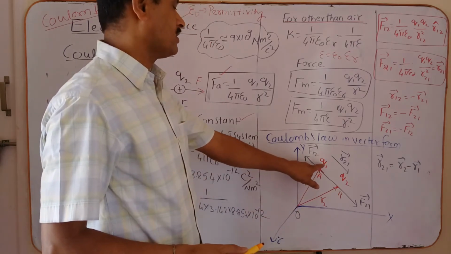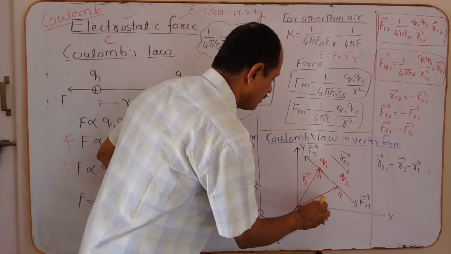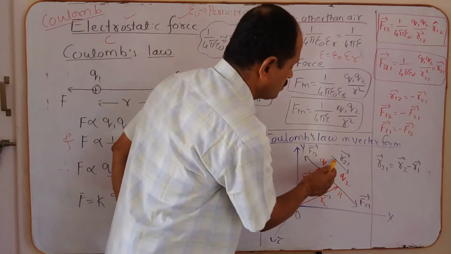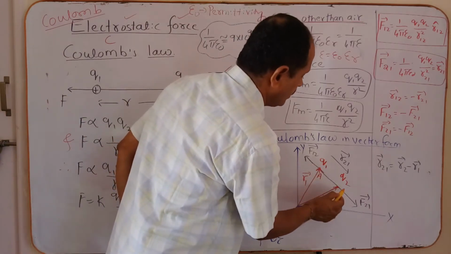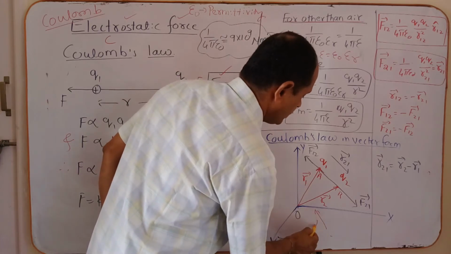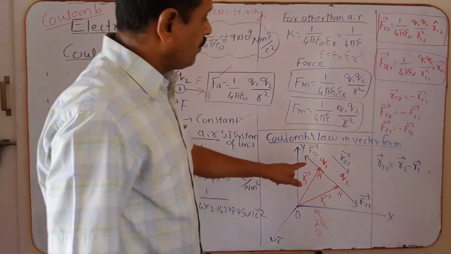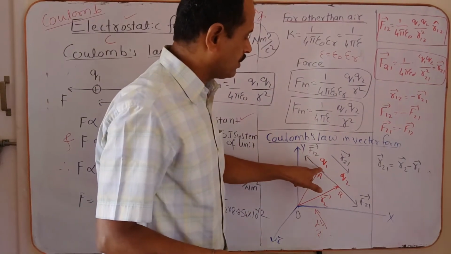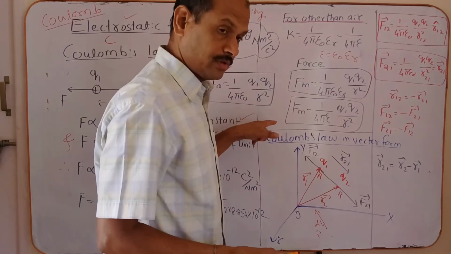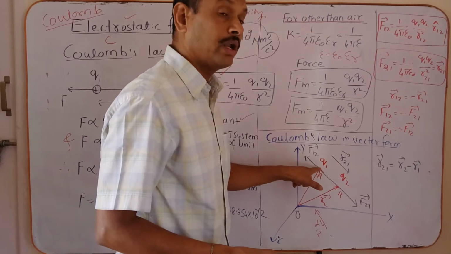R1 is the position vector for Q1, and R2 is the position vector for Q2. The distance between these two, from this direction, is R21. If you take the other direction, that is R12. Now, what is F12? The force acting on Q1 by Q2 in this direction. What is F21? The force acting on Q2 by Q1.